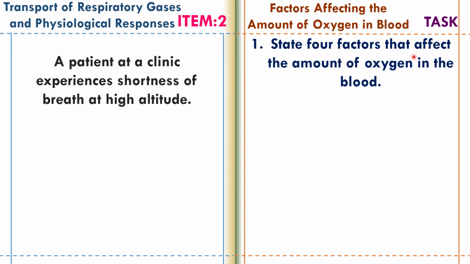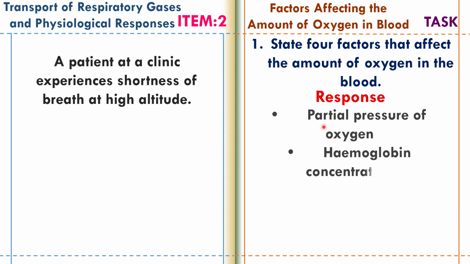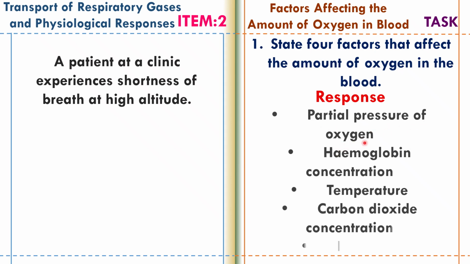State 4 factors that affect the amount of oxygen in the blood. We have the partial pressure of oxygen, hemoglobin concentration, temperature, carbon dioxide concentration, and blood pH.